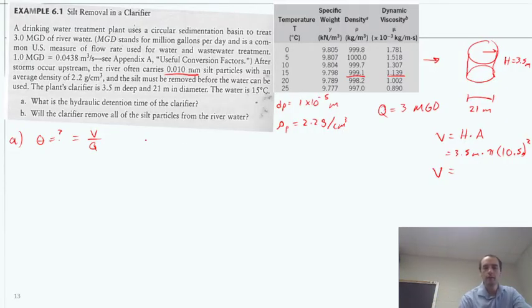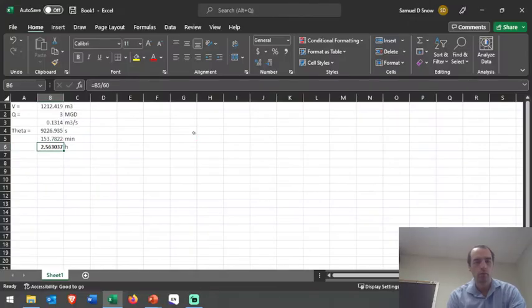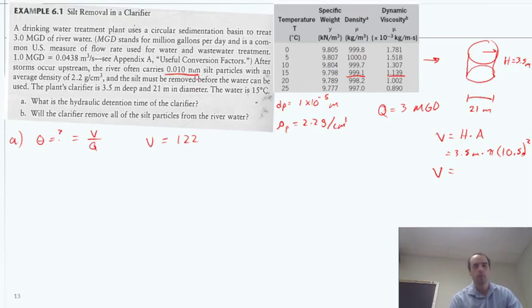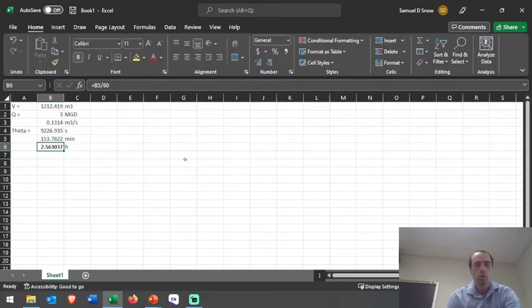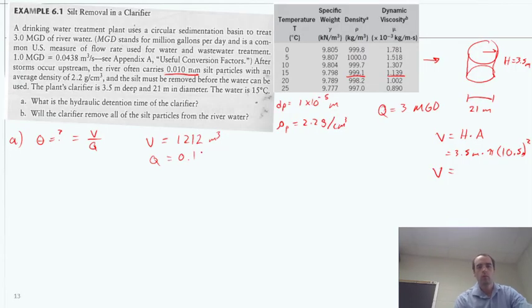So let's go ahead and say the volume was 1,212 cubic meters. The flow rate was simply 3 times that, and then that means our theta was 2.56 hours.